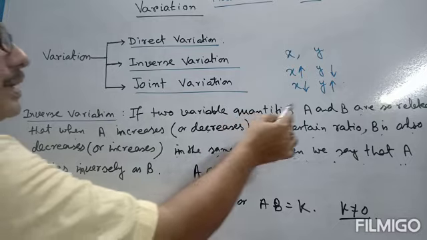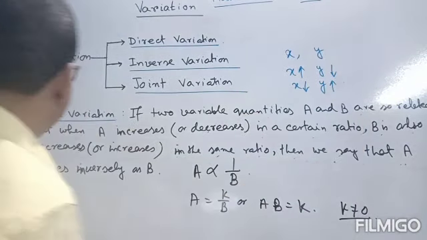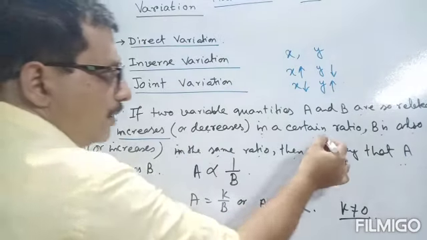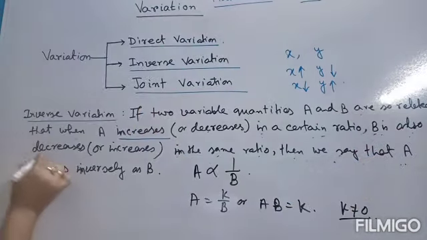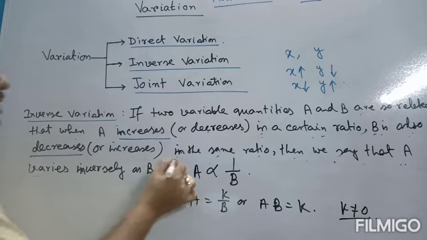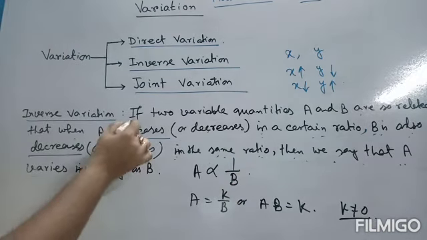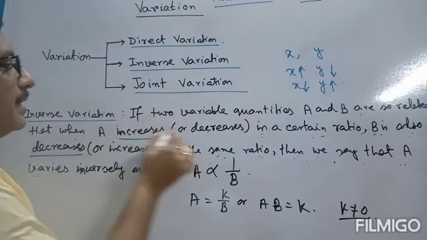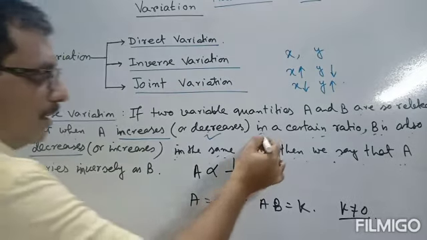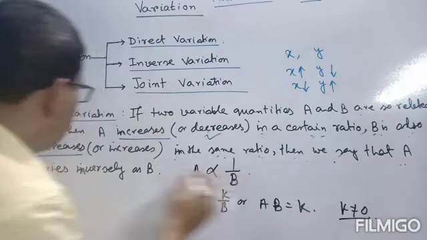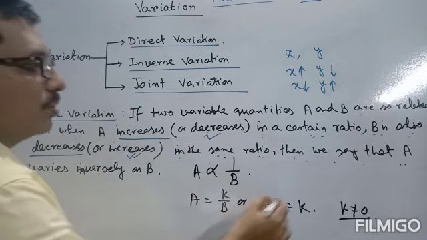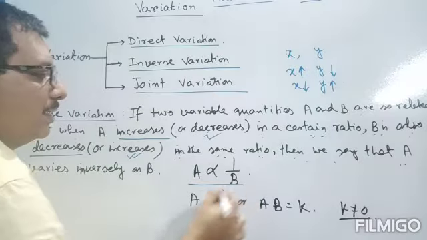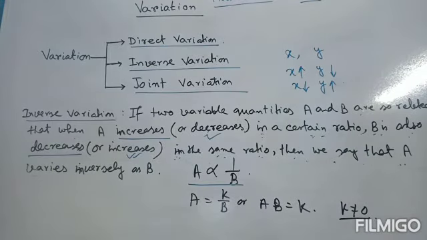If two variable quantities a and b are so related that when a increases in a certain ratio, b decreases in the same ratio, or when a decreases in a certain ratio, b increases in the same ratio, then we say that a varies inversely as b and denoted by a varies as 1 by b.